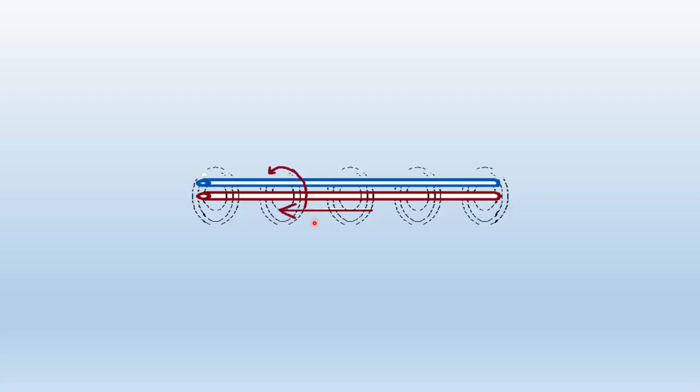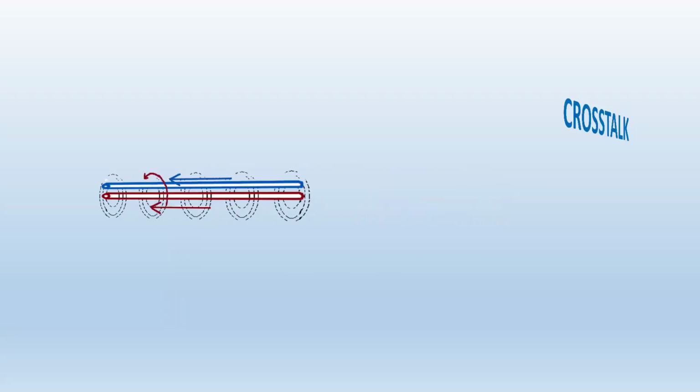And as the induction is something that works for us when we talk about transformers, because this is what we want, then when it comes to signals or signal wires and pairs, we kind of don't want that to be happening, okay?